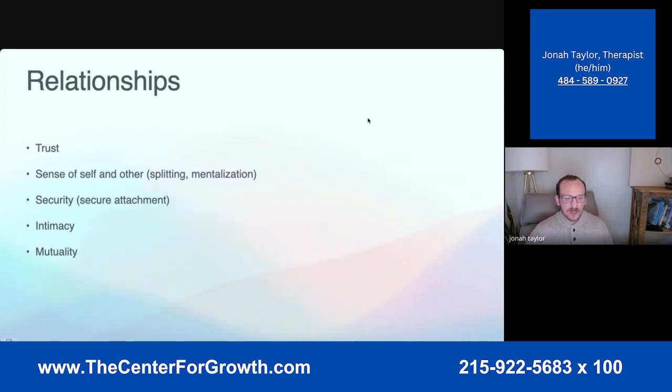There's how somebody understands their sense of self and others. And with this, historically, we're thinking about the concepts of splitting and mentalization. Does somebody resort to thinking about themselves or others as either good or bad? Can they separate their own feelings and needs and motivations from those same things from somebody else?